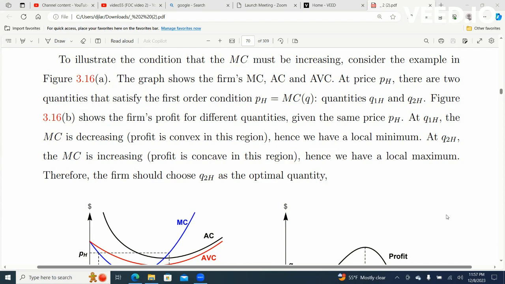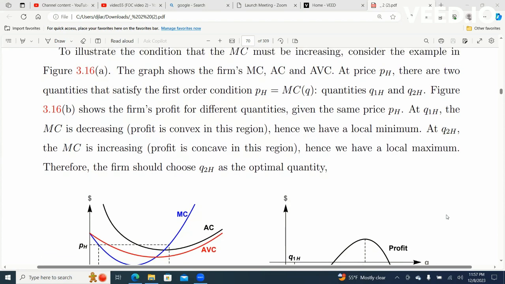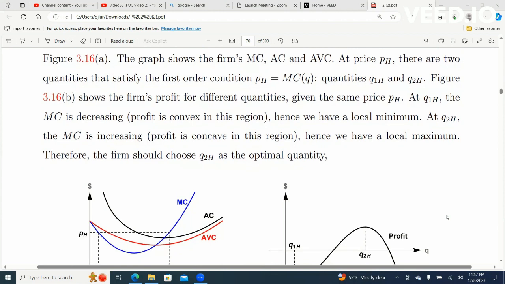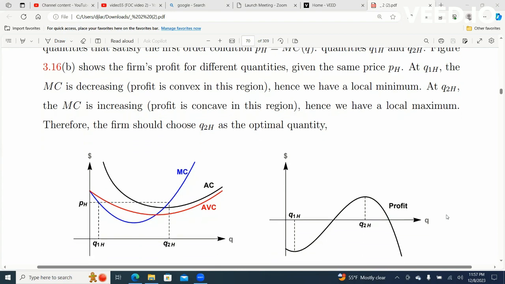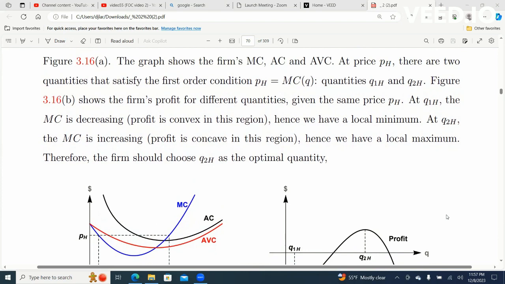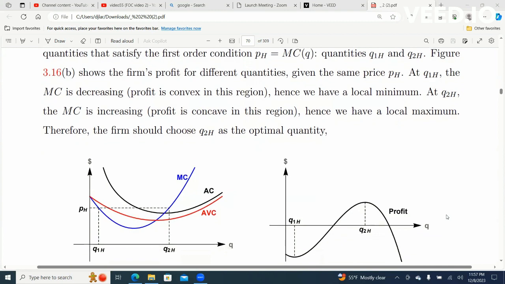The graph shows the firm's marginal cost, average cost, and average variable cost at price PH. At price PH, there are two quantities that satisfy the first order condition, PH equals MC.